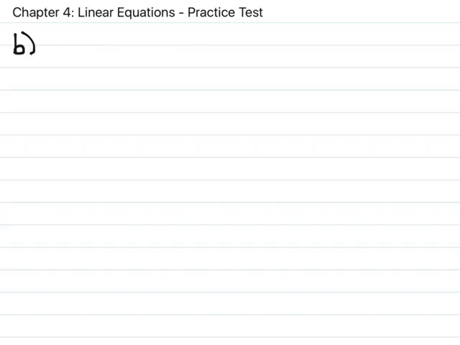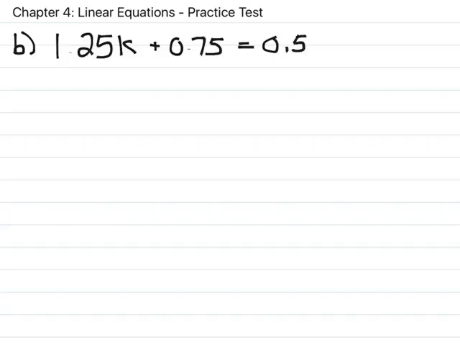So we have 1.25k plus 0.575 is equal to 0.5k. So we're going to subtract our 1.25 so we can get k on the other side, so we can isolate for it.